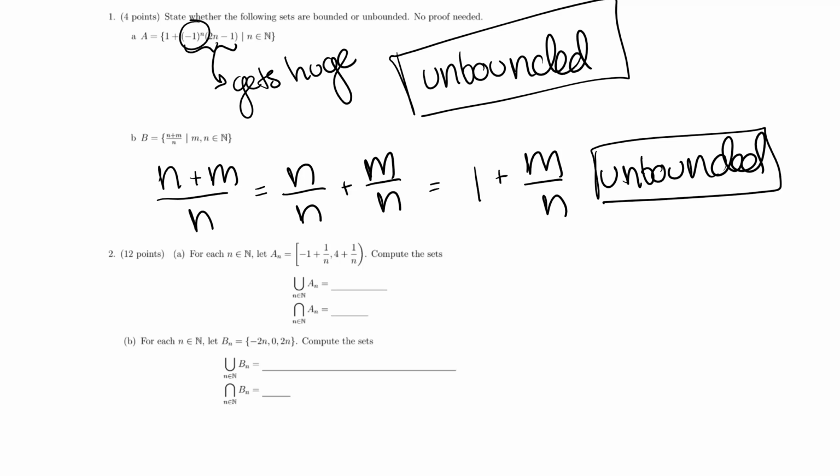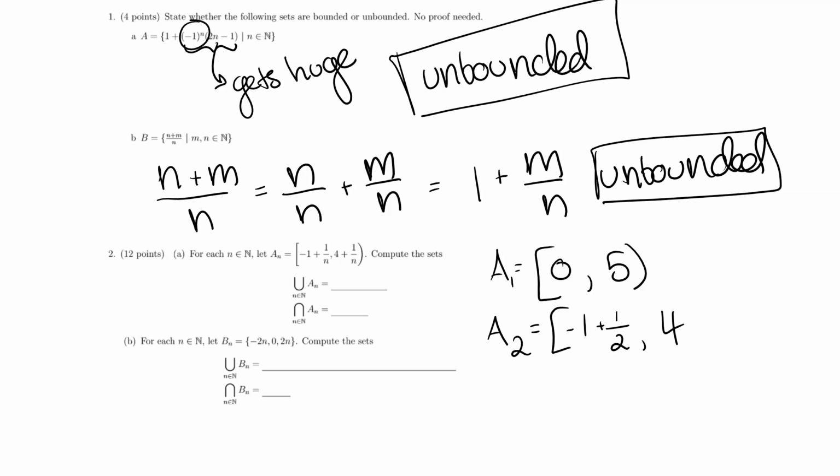All right, for each natural number, let that be that. Compute the sets. Okay, so unioning them, let's first think about what does A1 look like. Okay, so -1 plus 1, that would be 0. And then 4 plus 1, that would be 5. Okay, A2, what does that look like? Well, that would be -1 plus 1/2 to 4 plus 1/2.